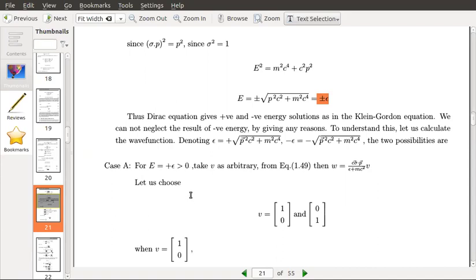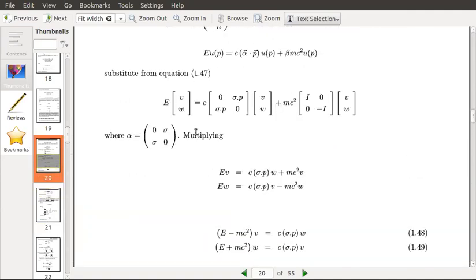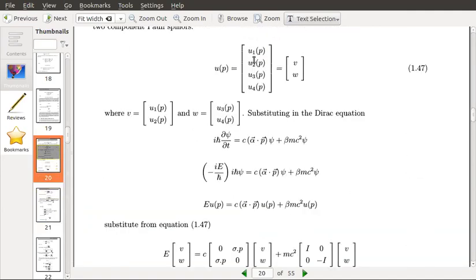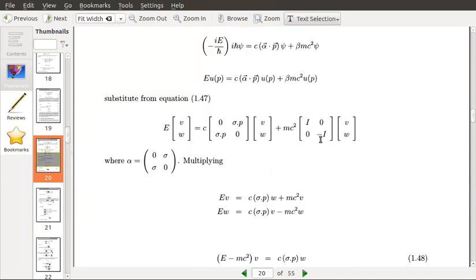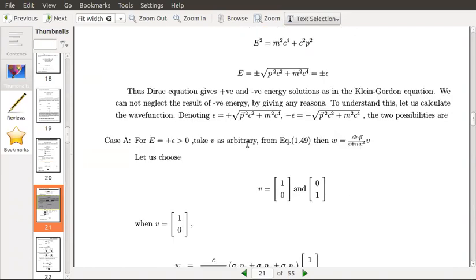Now for that case, we have solution V and W. So the solution has four components, U1, U2, U3, U4. But accordingly you have V and W, two components. We grouped the first two into V and the last two into W. So for the positive case, you take V as arbitrary.